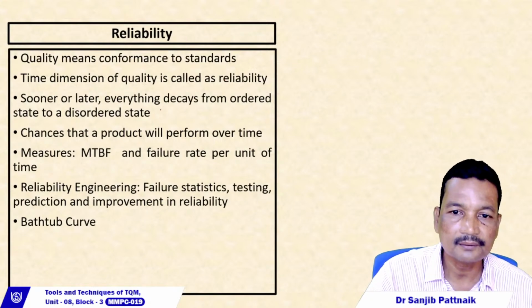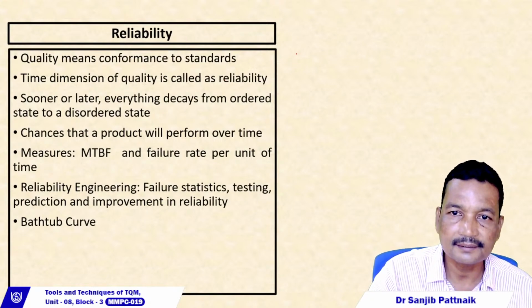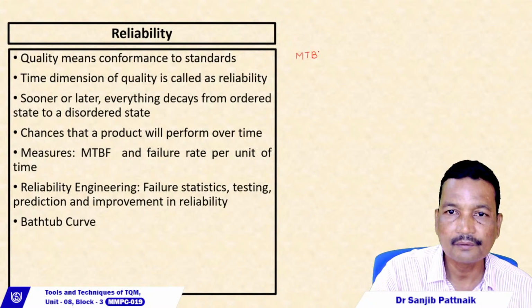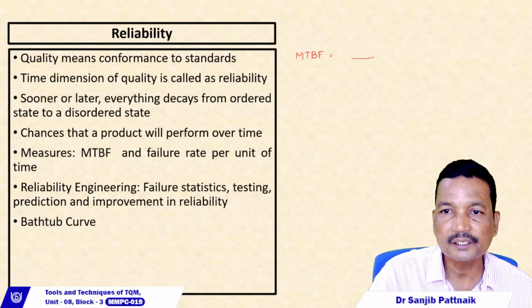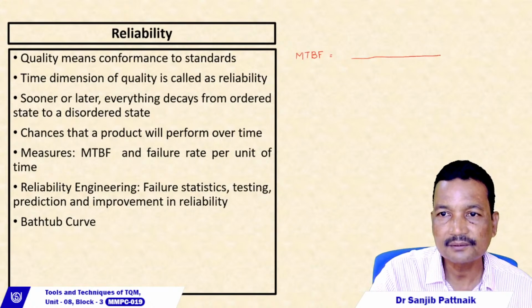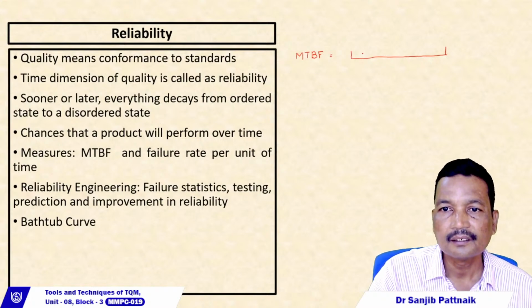For example, here I can say mean time between failures. If I want to show it on a time scale, suppose this is the lifespan of a product. Now, one case I see here, these are the failure rates.